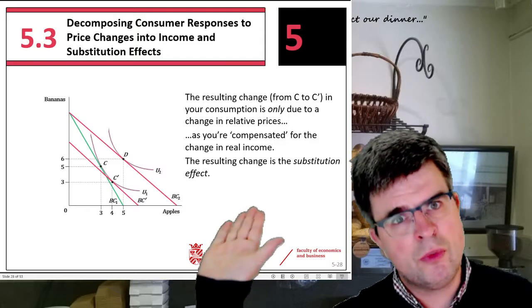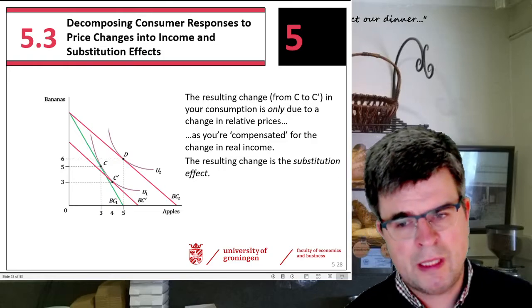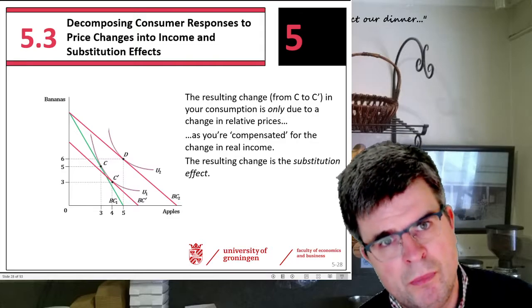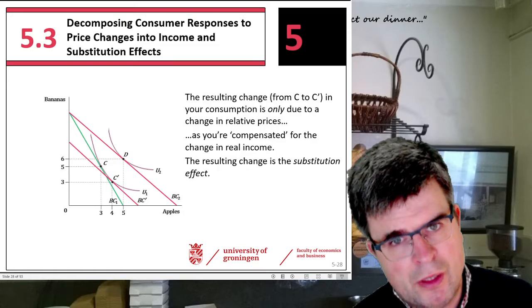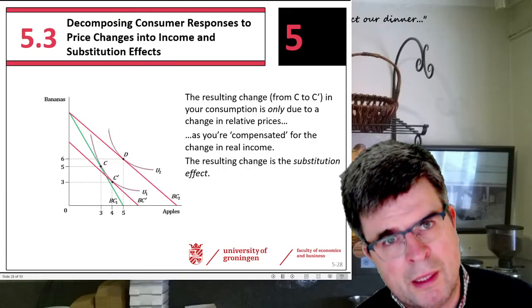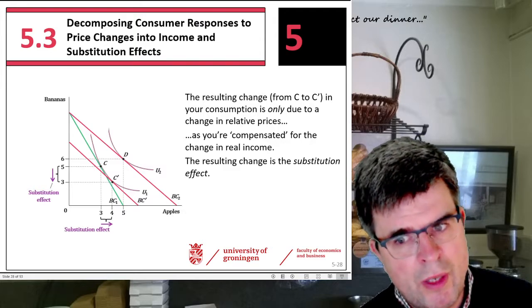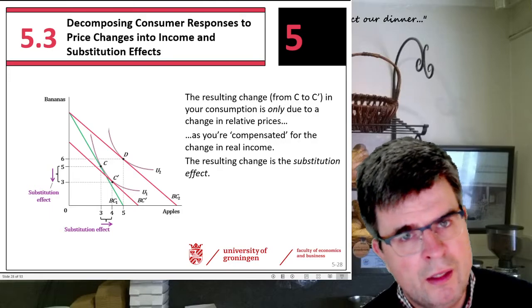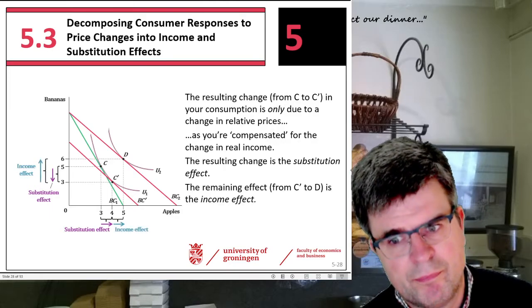That would also lead to a parallel shift of your budget constraint. Now, the same happens here if you move from BC prime to BC2. That is the effect of the increase in purchasing power, which allows you to go from bundle C prime to bundle D. So we've now isolated the total effect, moving from bundle C to bundle D, into the substitution effect and the income effect.